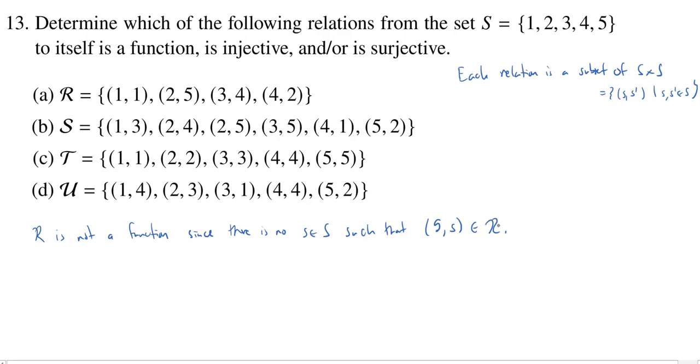How about injective? Well, injectivity is going to require us to show that for each element in the codomain, well, that's also S, so 1, 2, 3, 4, 5, there's at most one element in the domain which maps to it. So we take a look here and let's see, 3, 4, 5, 5. Oh, look at that. 5 appears twice in the second component.